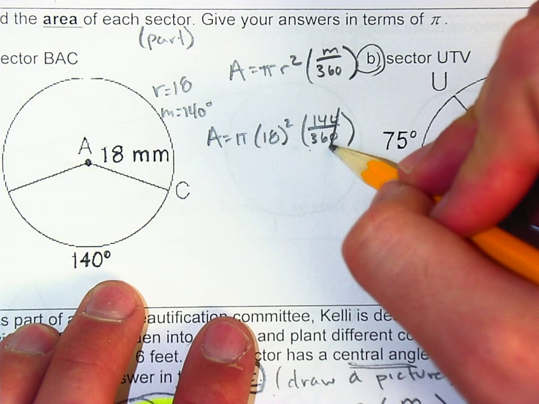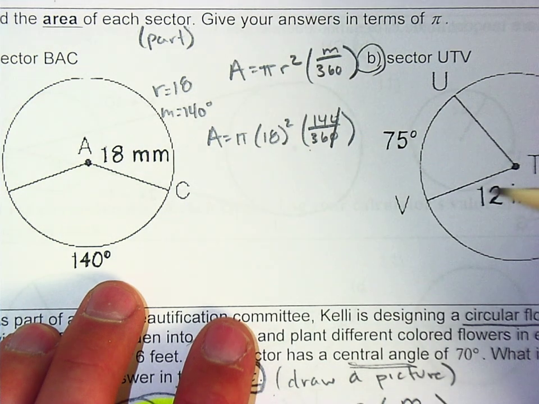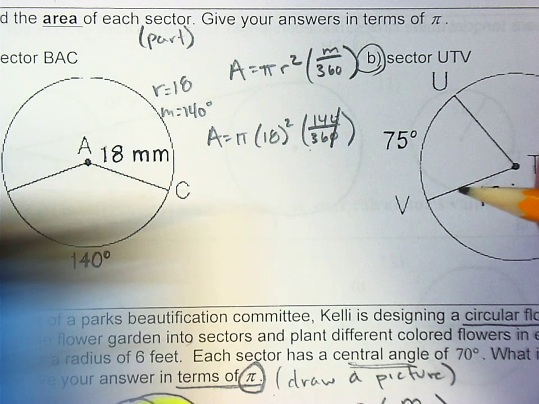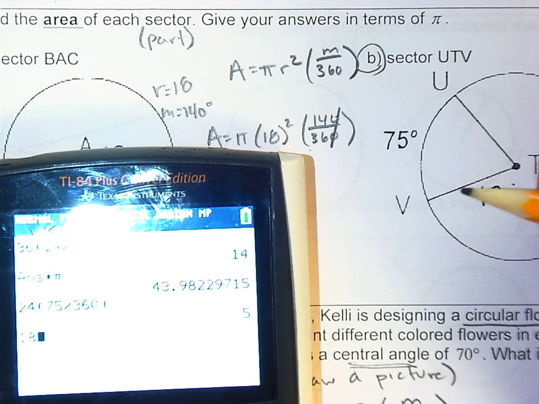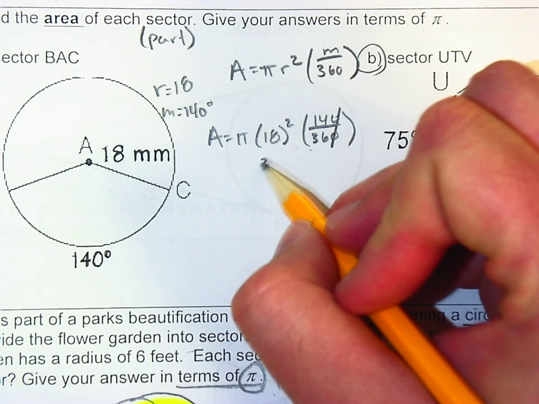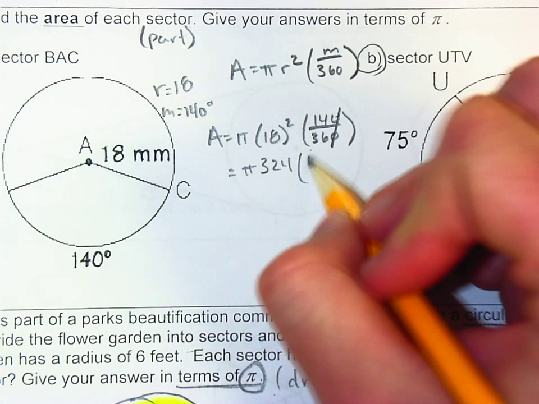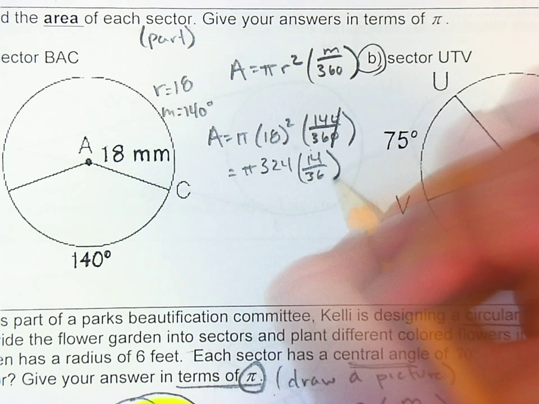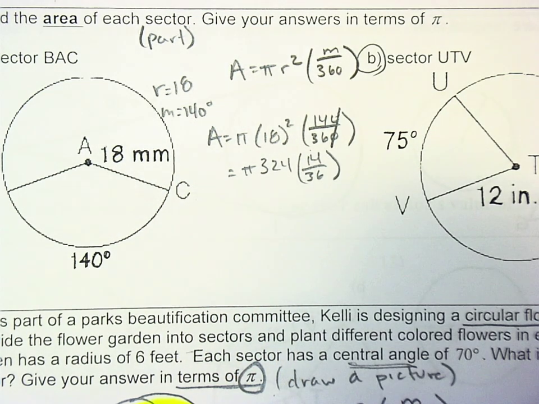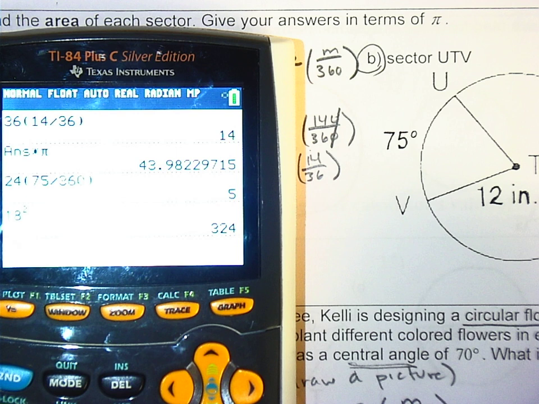And we're going to go ahead and cancel out those zeros, just like before. And then just type into our calculator 18 squared. That's 324. Alright, we take that, and again, just plug it into the calculator. 324 times 14 over 36.